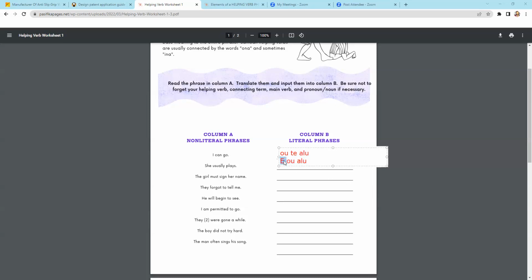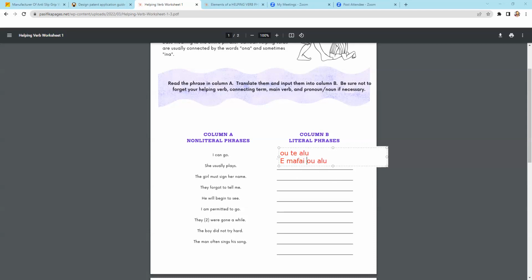We have our tense. After the tense comes our helper, and then the connecting word, and then the rest of it. 'E mafai o alu.' Yep. So a lot of times you'll hear people say it like that.